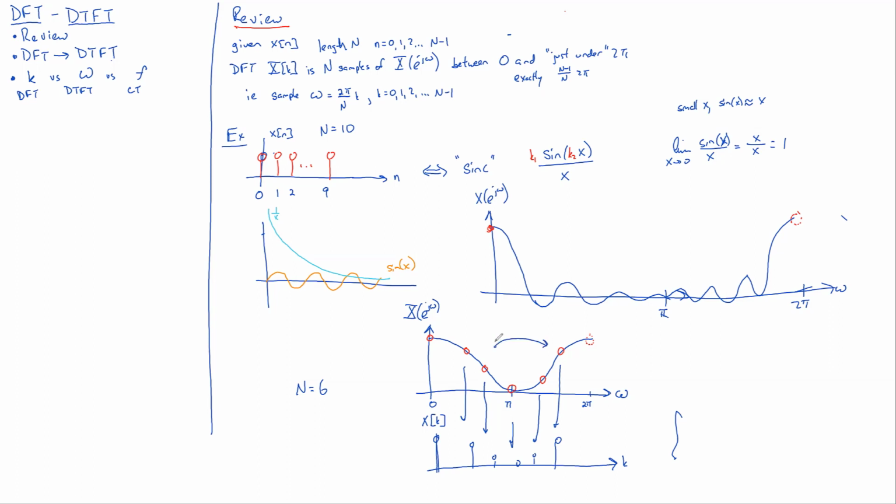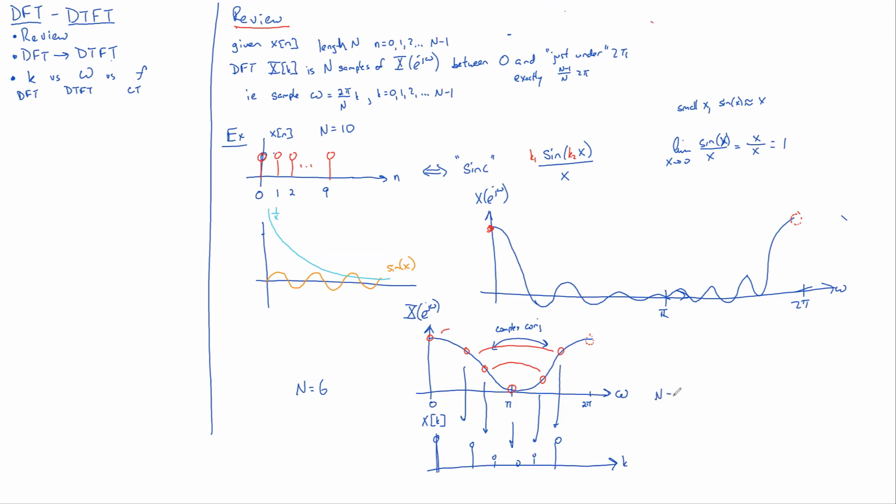The right side and the left side are complex conjugates. And when they're complex conjugates, it means that the magnitudes are the same and the real part is the same. And it means that the phase angles are opposite signs and the imaginary parts are opposite signs. But because of that, it means that these 2 points have to be complex conjugates of each other. And these 2 points have to be complex conjugates of each other. Of course, this one's left out alone. And that's with our n equals 6.